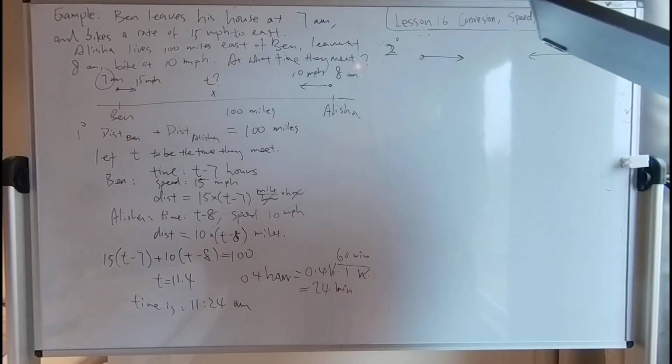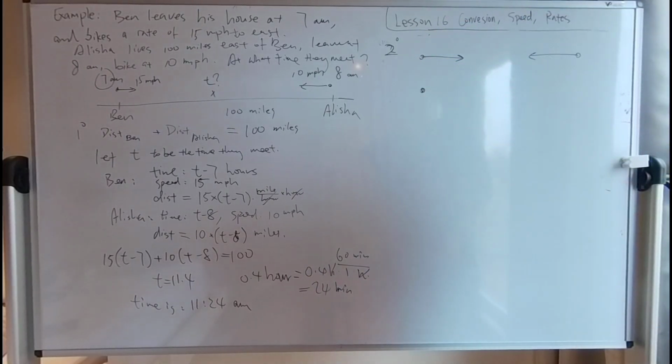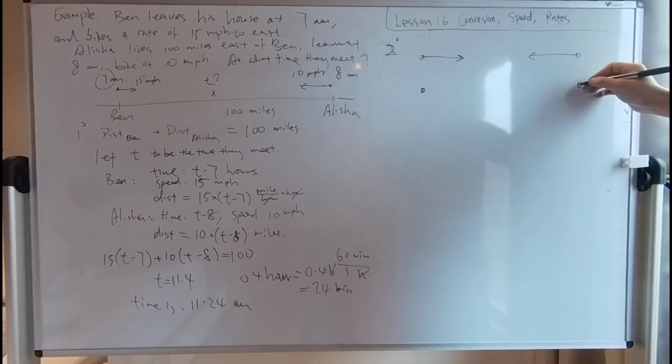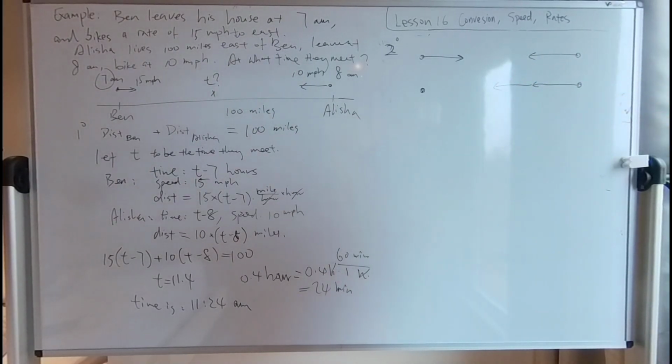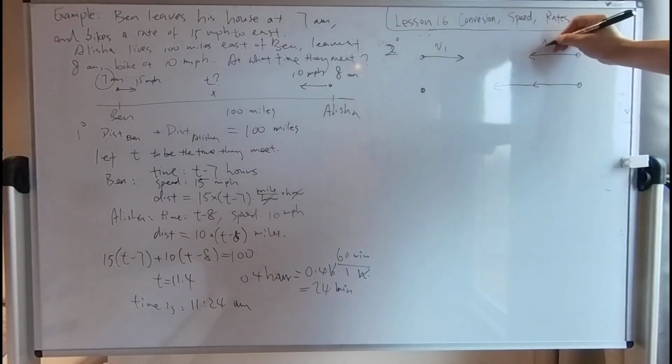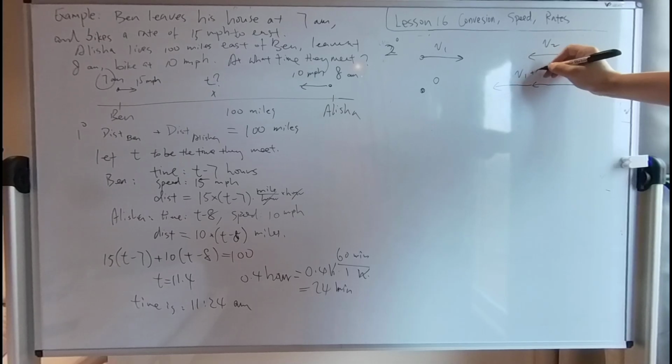This is equivalent to saying that one stays still, stays steady, and the other travels with the composite of the two speeds. So mathematically speaking, they are equivalent, 0 and v1 plus v2.